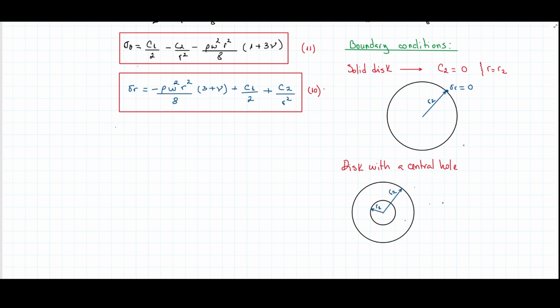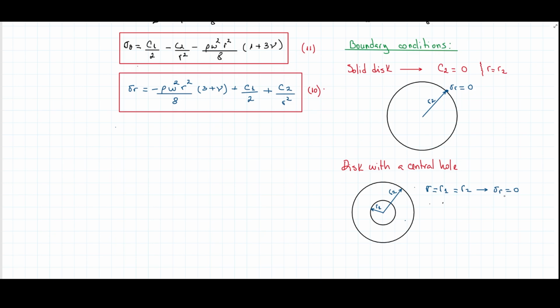In the same way, under the same logic, the radial stress at the outer surface of this disk is 0 because there is nothing applied there. So in this case, when R equals R1 or R equals R2, the radial stress is 0.